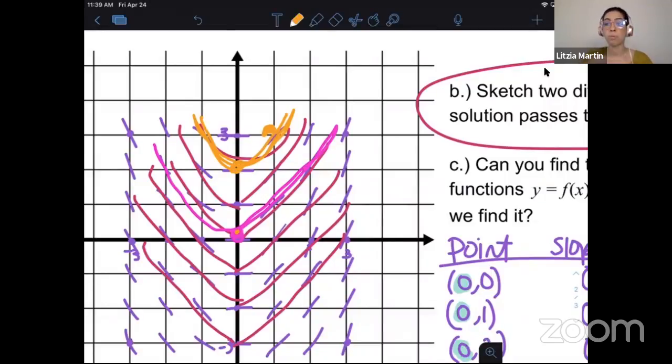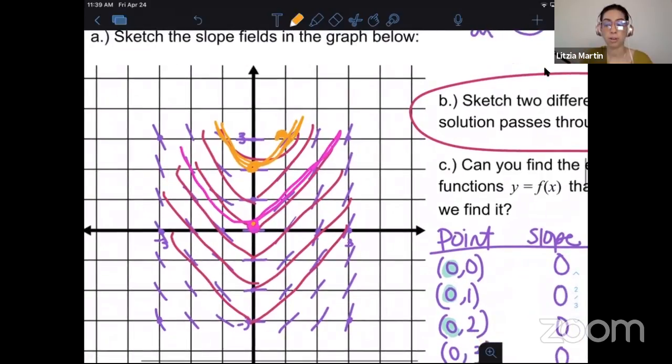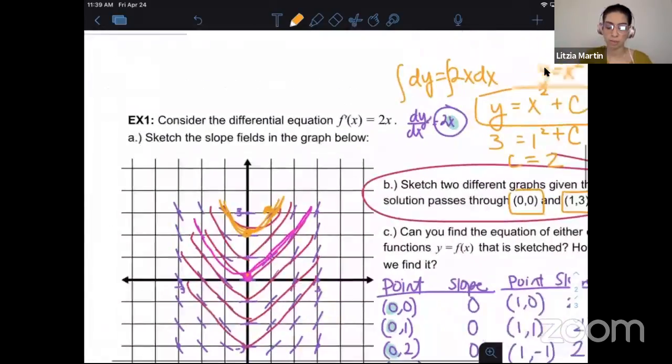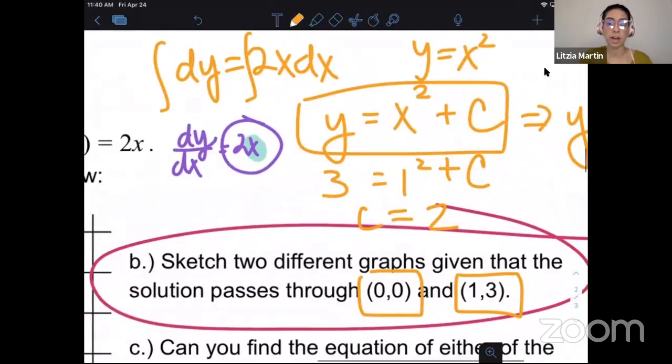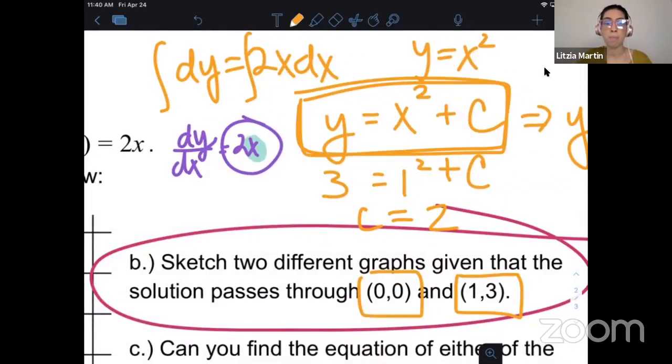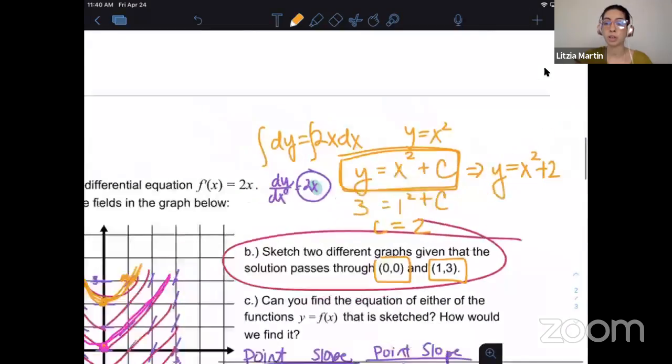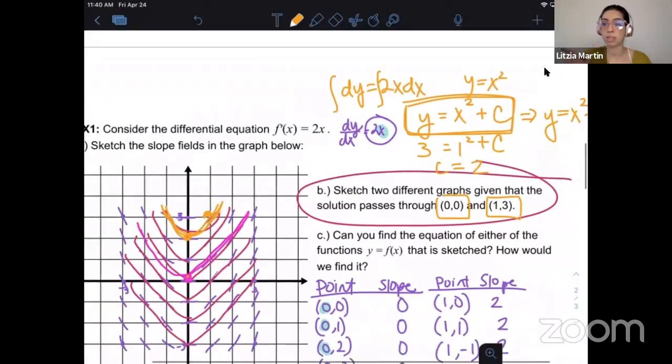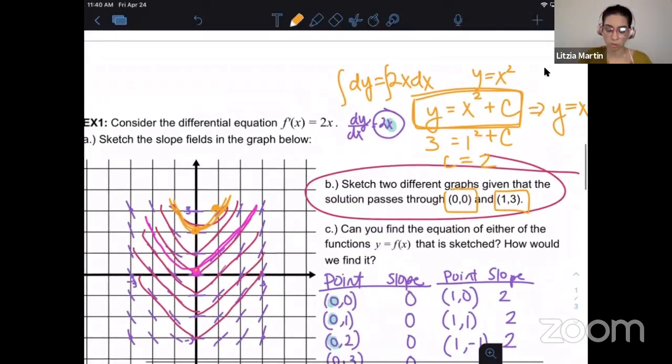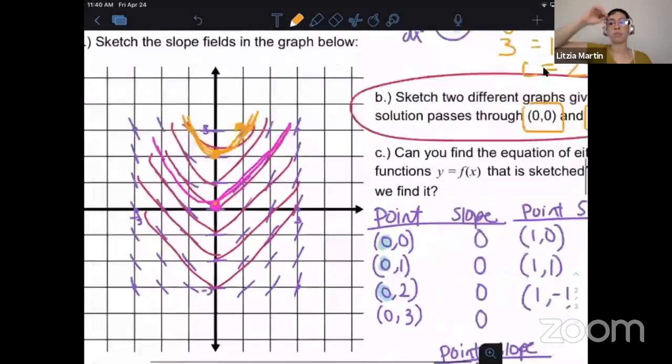So the slope field is a way for us to visually figure out what those particular solutions are, right? We can see the general solution. We can see it's in general x squared, which is why we have this general solution here, x squared plus c. But we have a variation of plus c's. Plus c represents the vertical shift, so we have a variation of all of those vertical shifts.